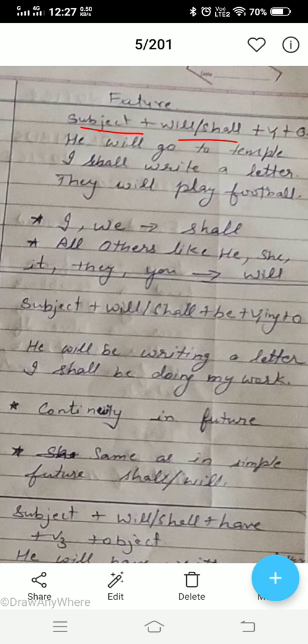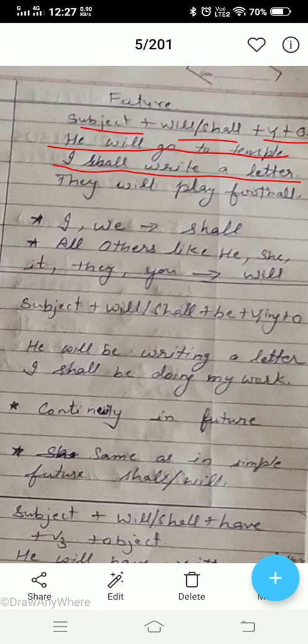Subject, will or shall, first form, in future, simple future or future indefinite. Example: He will go to temple. Will go means in future he will do this work. I shall write a letter.